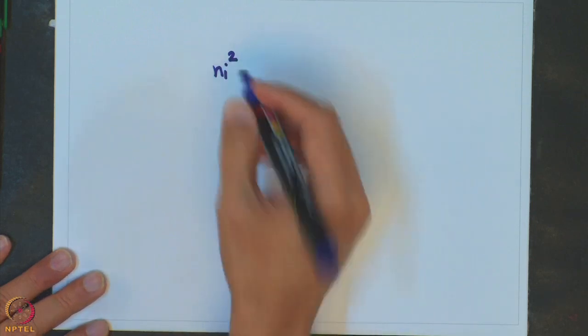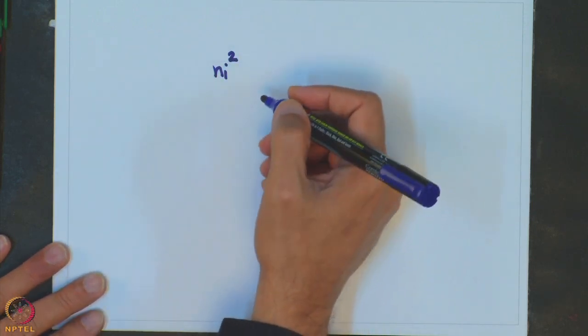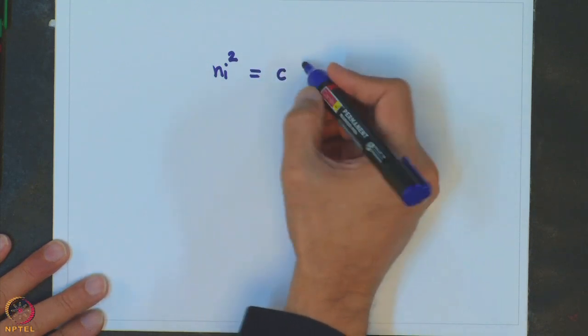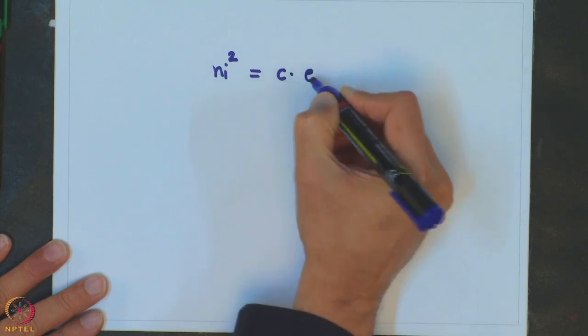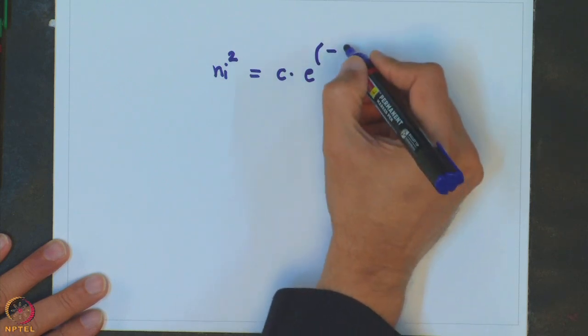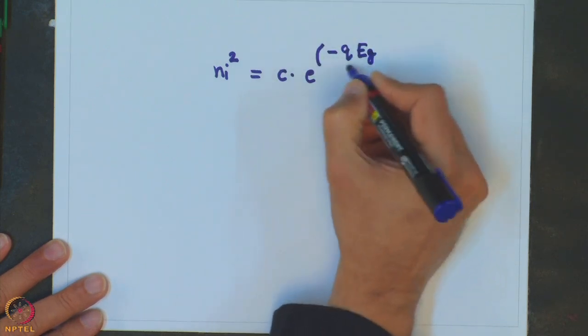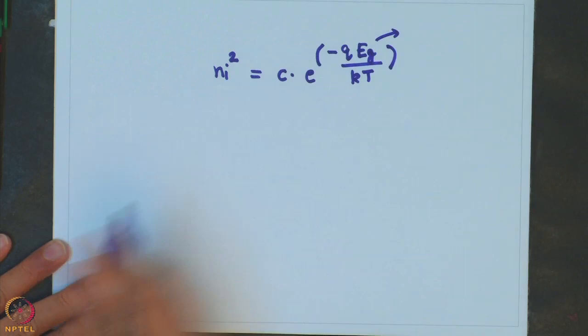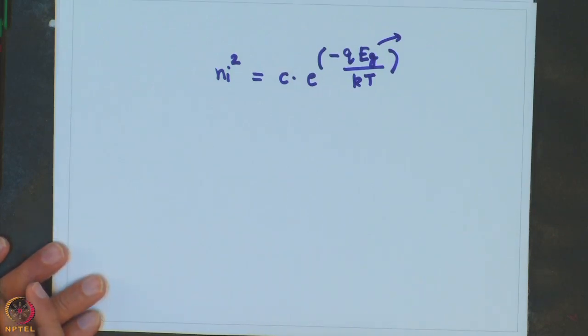Then this is governed by a very important relation: Ni squared, the square of the density of either the electrons or the holes, is equal to C e raised to power minus q Eg by kT, where C is some constant of proportionality and Eg is the band gap energy, equal to 1.1 electron volts for silicon.